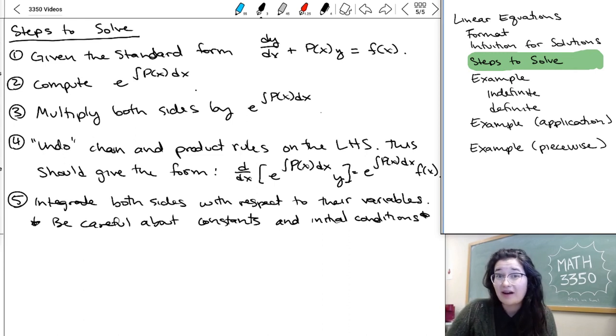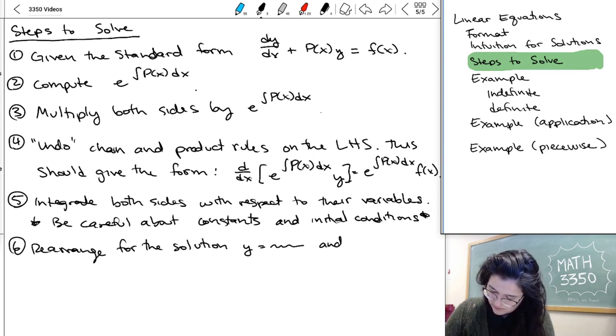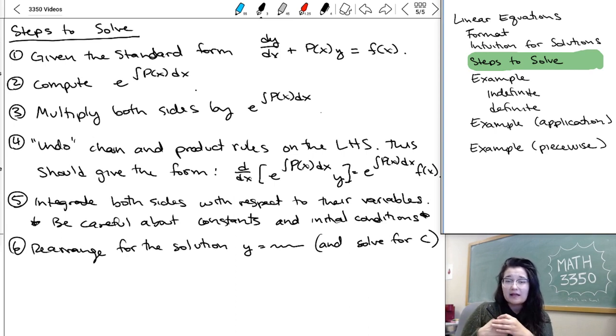And again, we're going to have the option of doing constants or definite integrals. And then you're just going to rearrange so that you have your solution y equal to some stuff if you can. And then, if necessary, solve for your unknown constants if you didn't take care of them in the definite integrals or if you're not solving just a general solution type problem.